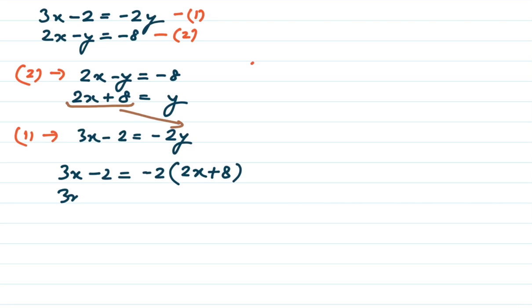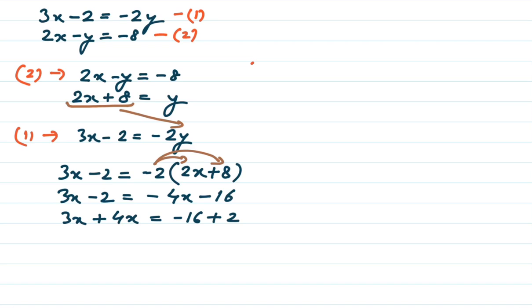Expand the brackets, which is now going to be negative 4x and negative 16. So take all the x on one side, 3x plus 4x, and the numbers on the other side, negative 16 plus 2.